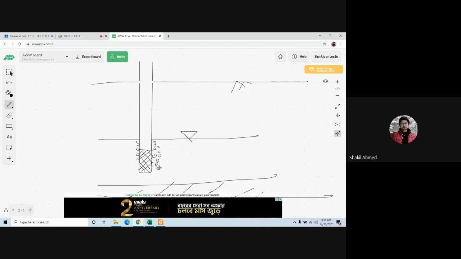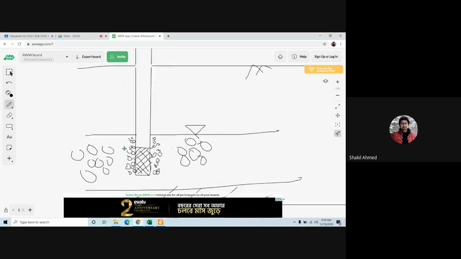Yes, sir. We have gravel particles surrounding here. And usually you have larger natural particles here, and we design this well in such a way so that we have gradually smaller particles.